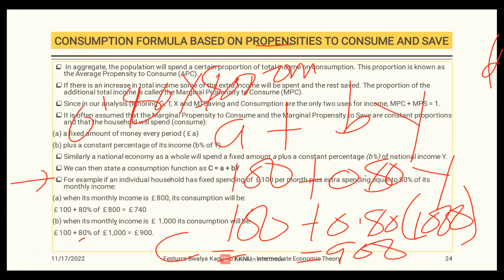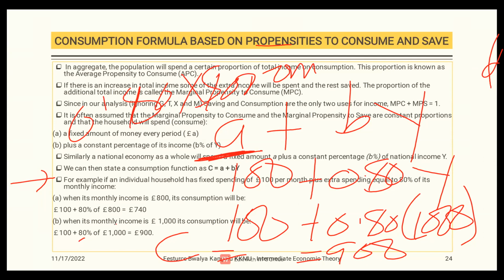Yes, I do. Okay, I'll repeat quickly. There is some consumption that is fixed, autonomous or fixed consumption. It doesn't depend on income. We are told that the fixed consumption is 100 in the question. Then once your income increases, you have extra spending equal to 80%, meaning additional consumption, which is the marginal propensity to consume.